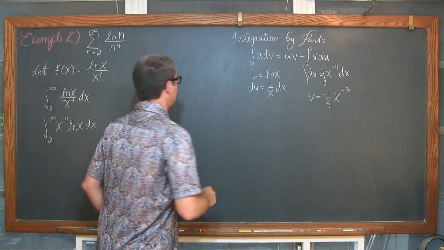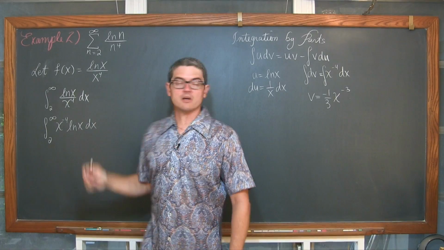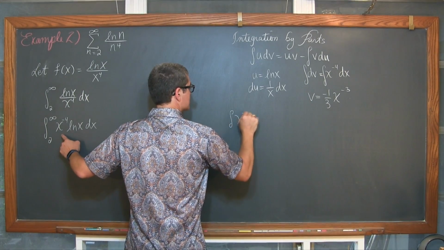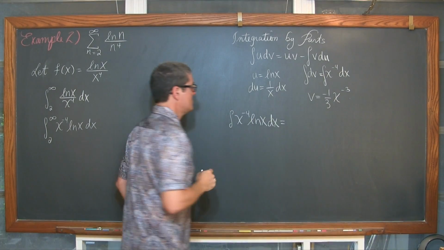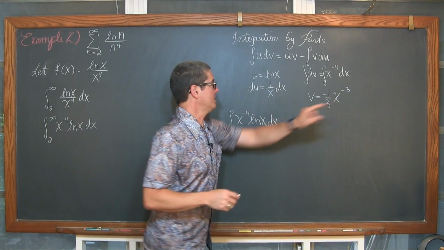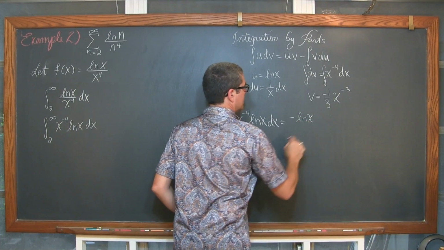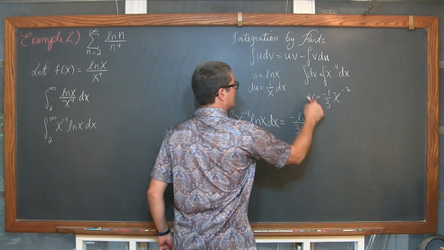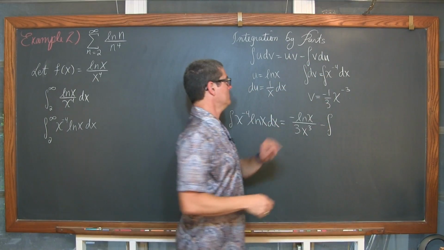Okay, so now again, I don't want to change the lower and upper limits if I don't need to, so I'm going to pull this off to the side and just start from scratch and say the indefinite integral of x to the negative 4 natural log of x dx is equal to, well, uv. I'm going to keep the negative up front, negative natural log of x over 3x to the third, so there's my uv minus the indefinite integral of v du.